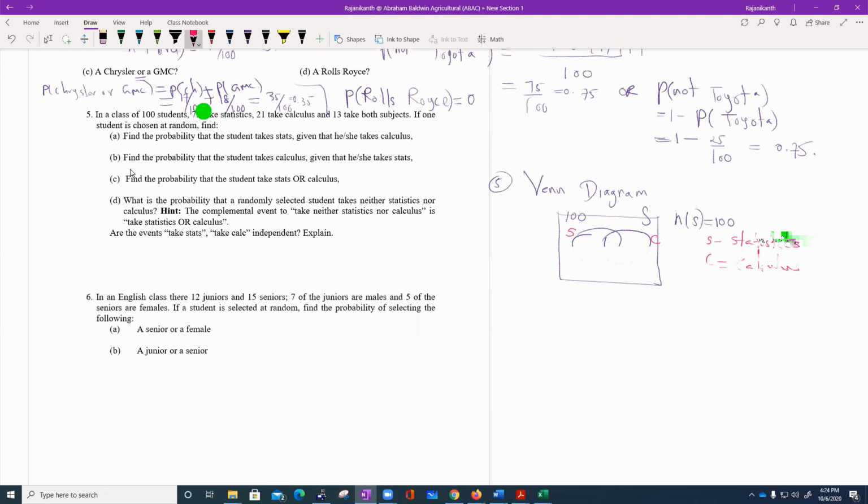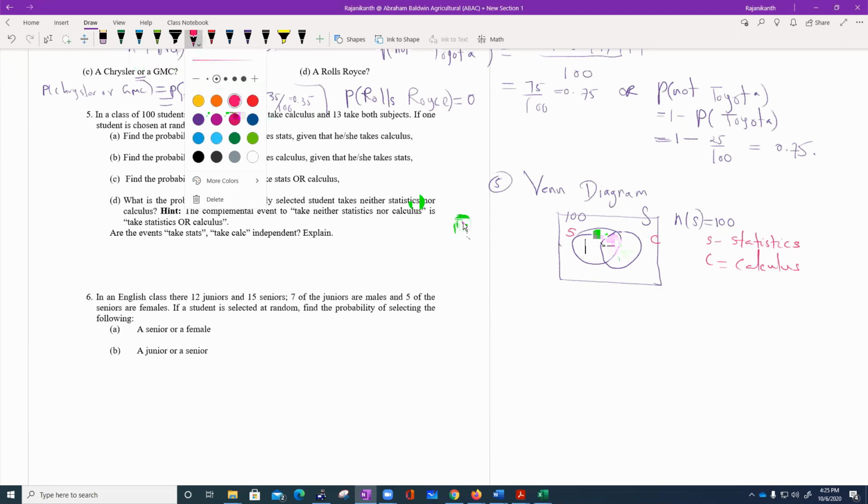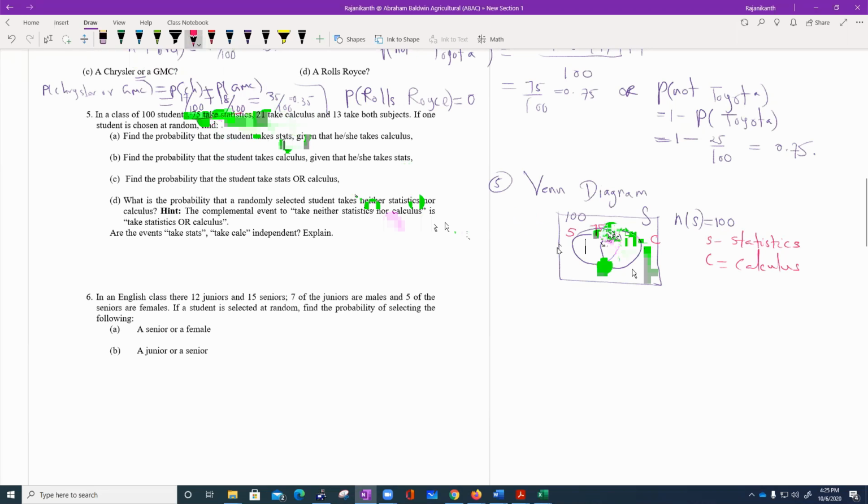If you read the problem carefully, 75 take statistics, right? So that means there are 75 students who take statistics.